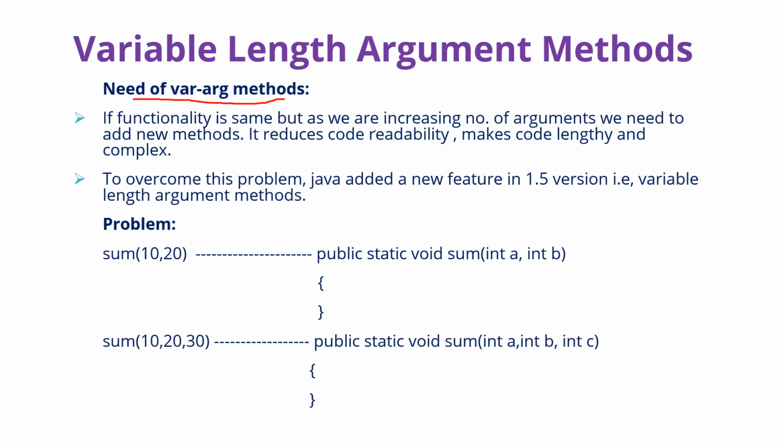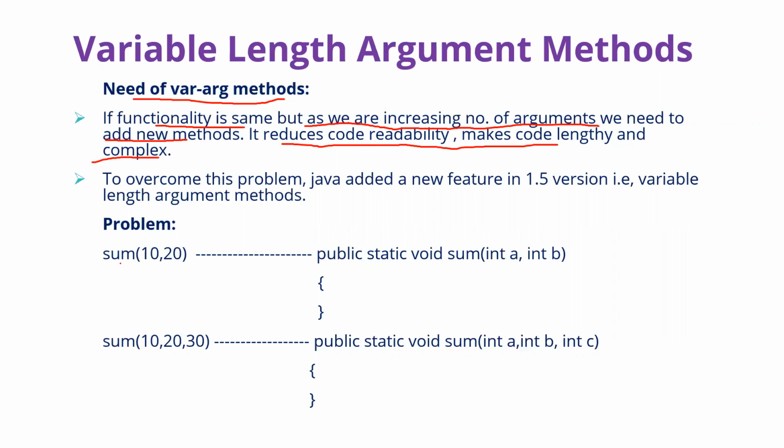Observe this point. If the functionality is the same, but as we increase or change the number of arguments, then we need to add new methods. By doing this, it reduces our code readability, meaning our code will become more lengthy and complex to read.